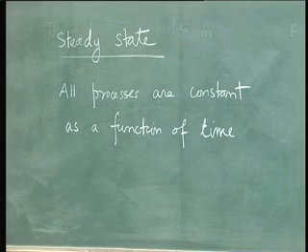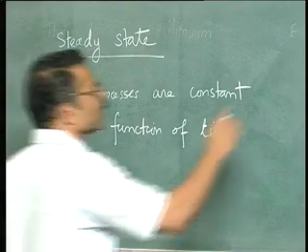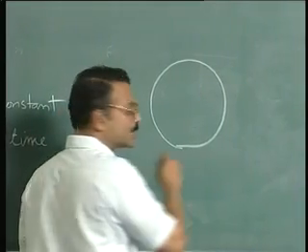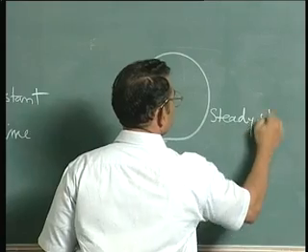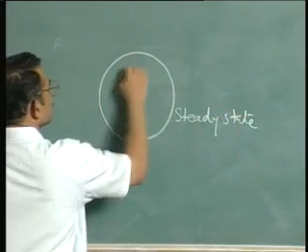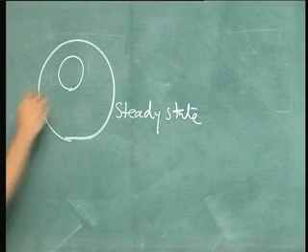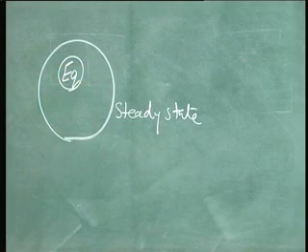So if you want to show the relationship between equilibrium and steady state, it would be something like this. You can use a Venn diagram. If this shows steady state, then that is equilibrium. So EQ stands for equilibrium.